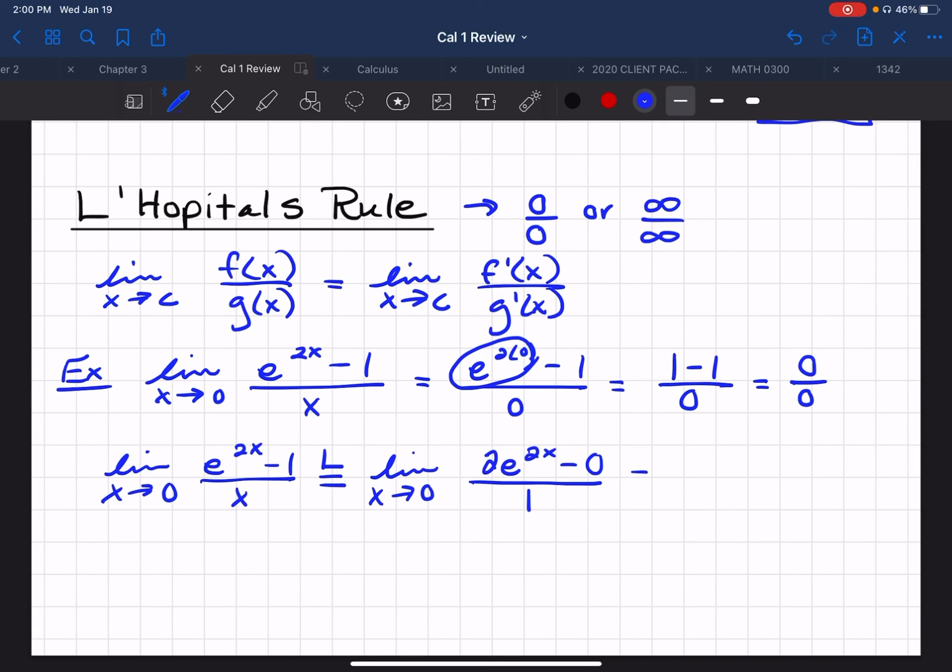Now I can evaluate the limit, which will just give me 2 times 1 over 1, or just 2. So L'Hopital lets you actually take the limit if you get 0 over 0 or infinity over infinity.